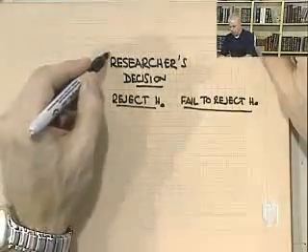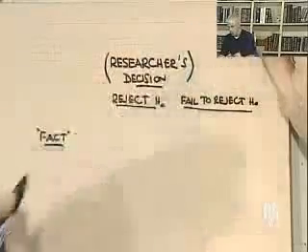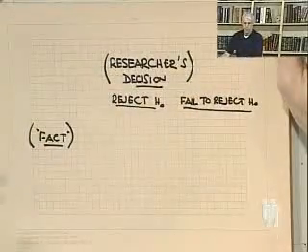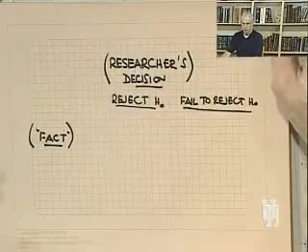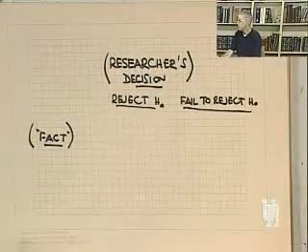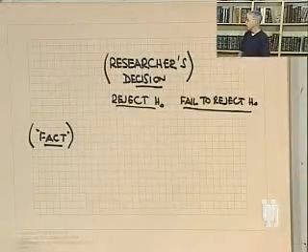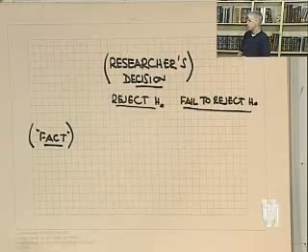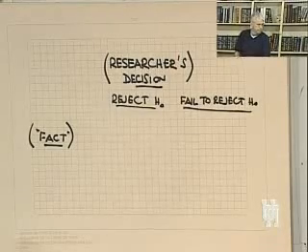We can distinguish, however, between the researcher's decision and what we might call fact, what actually occurred. In a court of law, when a jury returns a verdict of guilty, does it necessarily mean that the defendant committed the crime?